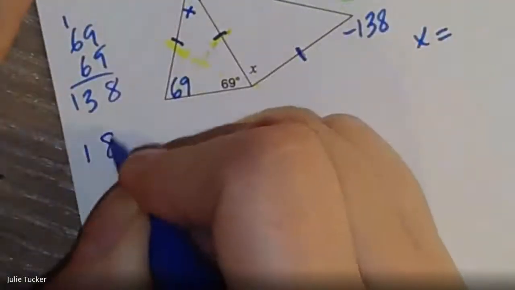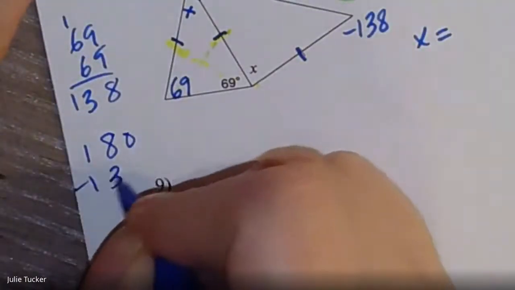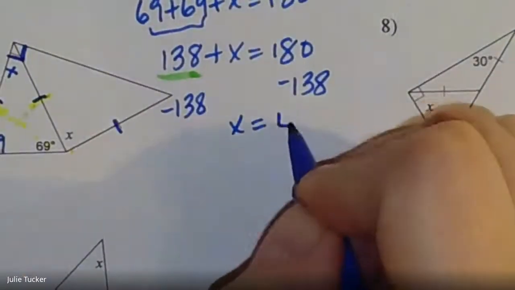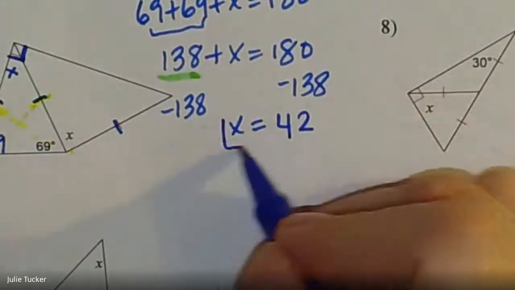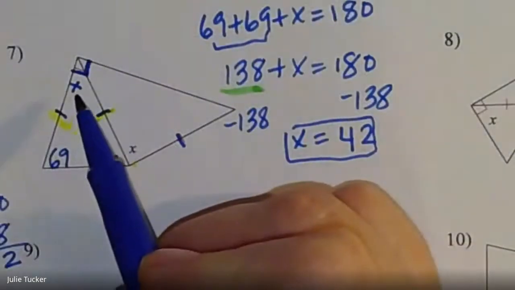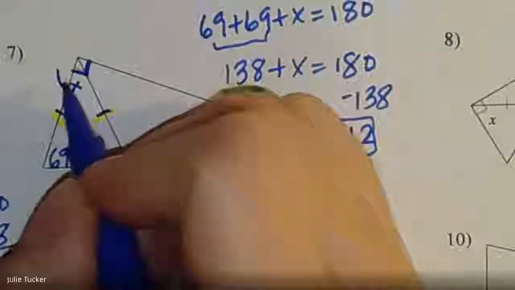So I'm going to go over here again. Okay, 42 for x. Okay, so now I'm going to put that on the triangle where it goes. It goes right there. So I'm going to put a 42.